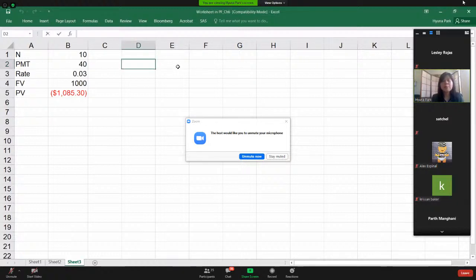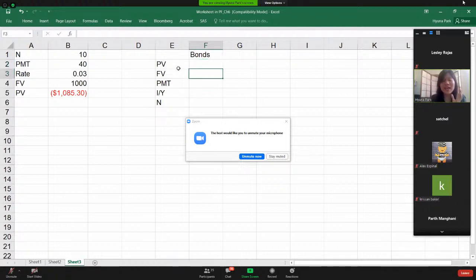Bond calculation is playing with those 5 variables: present value, future value, payment, the rate, and number of periods. These are the time variables and money variables. So what's the name in the bond world? What's the term we give to the present value in the bond calculation?